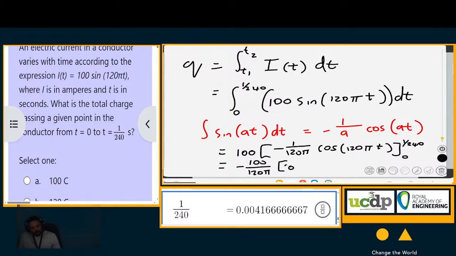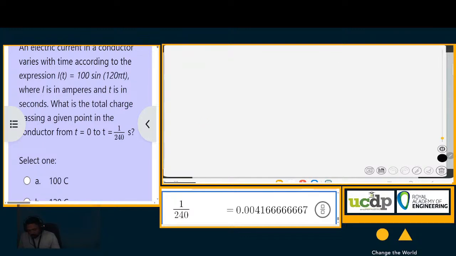And then cosine of 120 pi times 1 over 240 minus cosine of 0. Okay, so there we have the actual problem. You can punch that into your calculator.